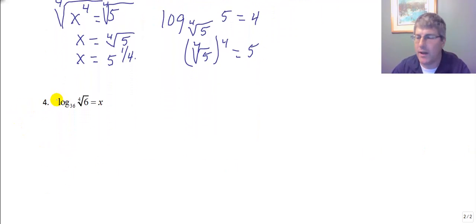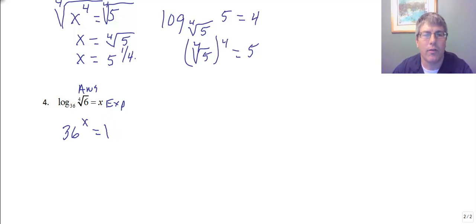Our fourth and final sample problem looks pretty complicated. Log base 36 of the 4th root of 6 equals x. So log base, answer equals exponent. There's my answer, there's my exponent. So rewritten into exponential form, 36 to the x power equals the 4th root of 6.